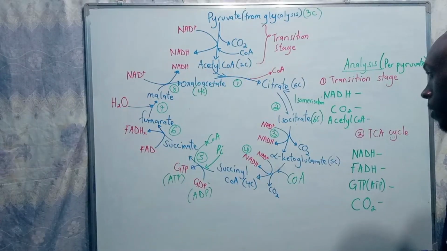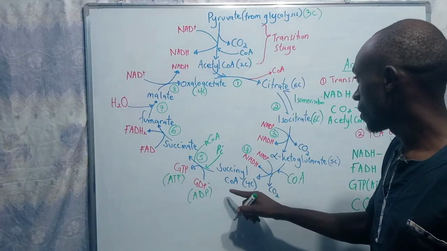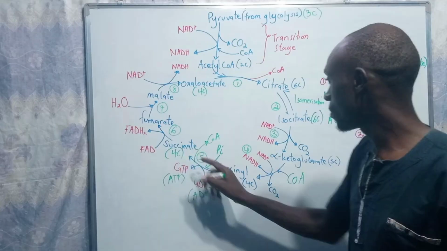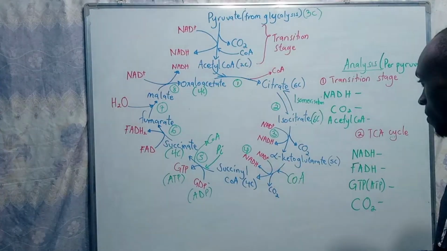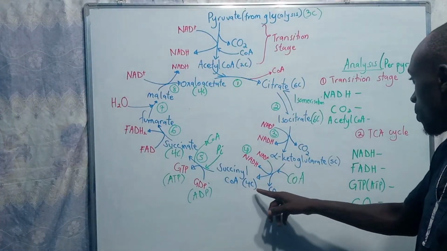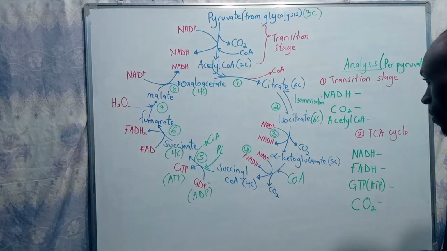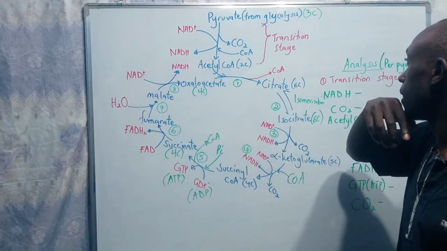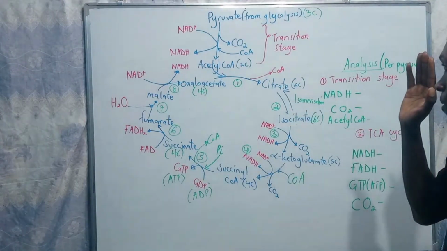oxaloacetate. We realize that the succinyl coenzyme A had 4 carbon atoms, and here we still maintain that, because we have not had any decarboxylation taking place. The decarboxylation stopped from stage number 4. So for stages 5, 6, 7, up to 8, there is no decarboxylation taking place.